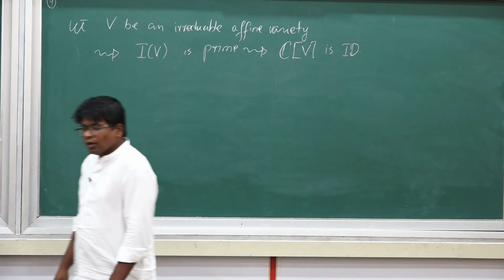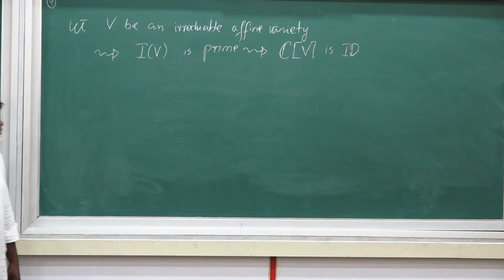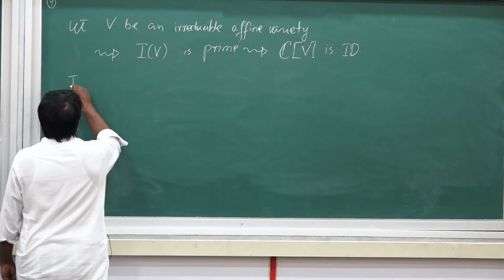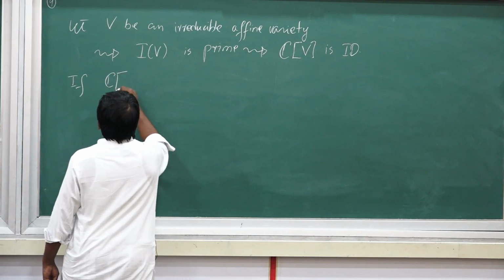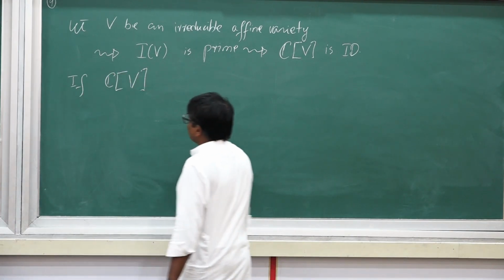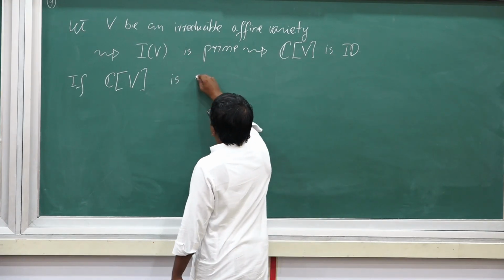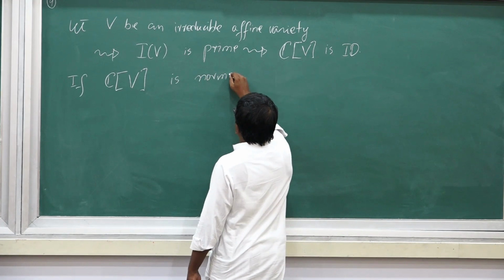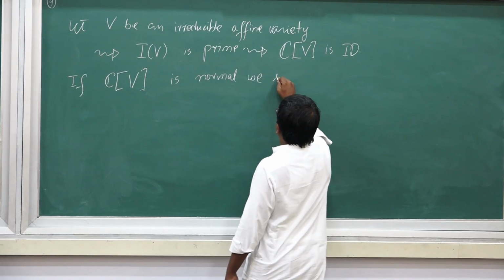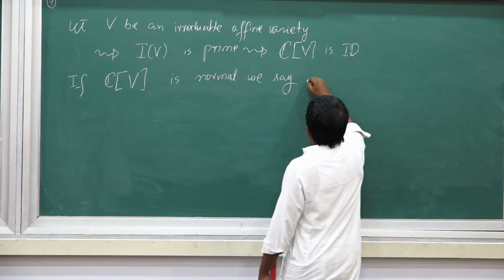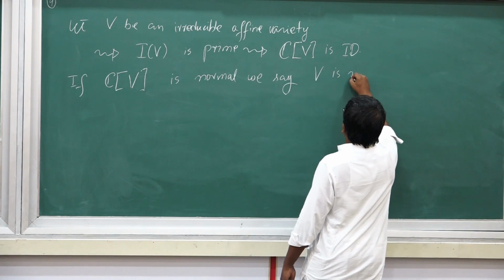So if the coordinate ring corresponding to this irreducible affine variety is normal, we say that the variety itself is normal.